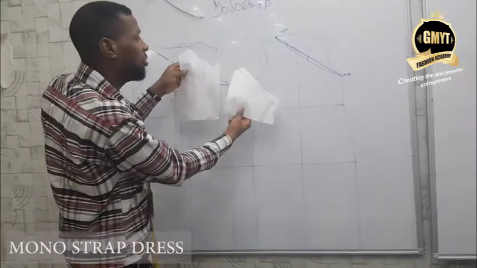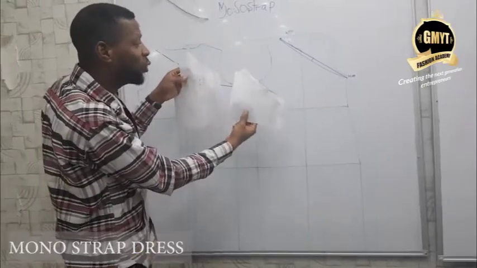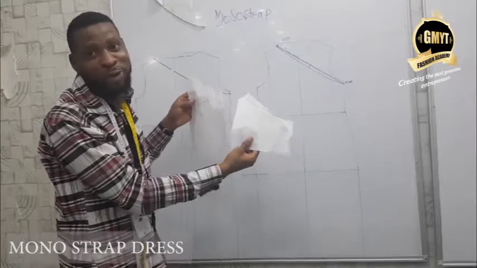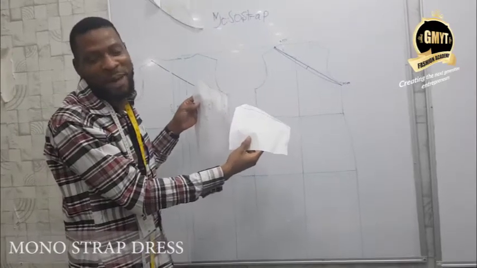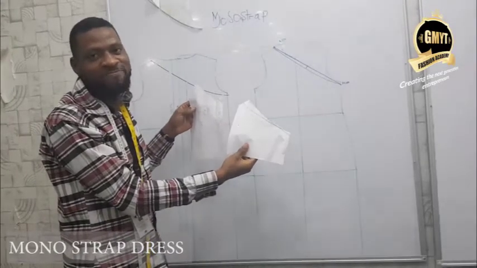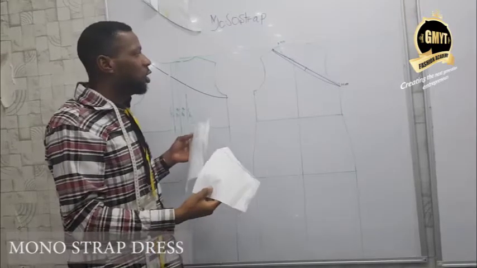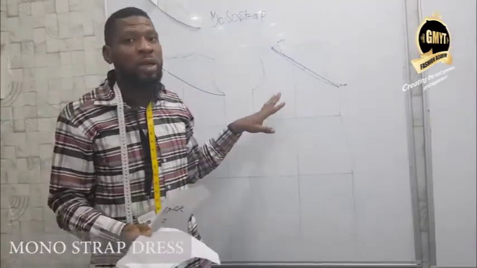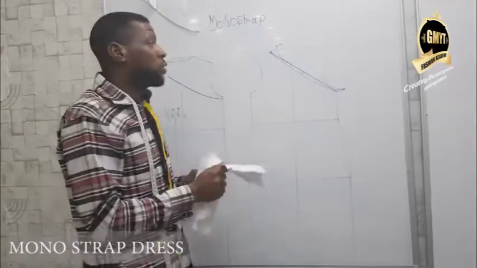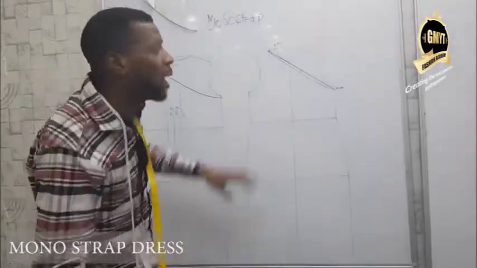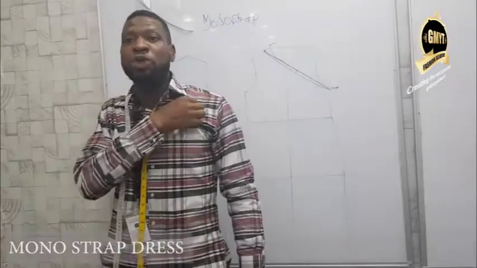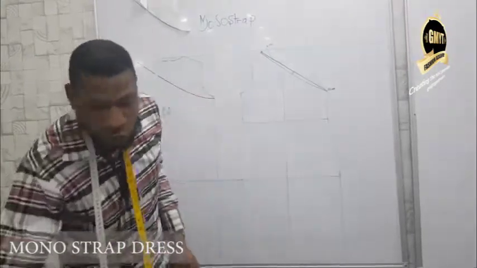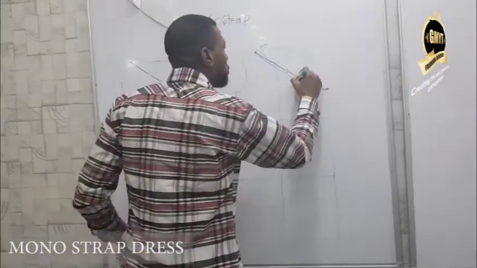This is what you're going to have, but this is the correct way of having your monostrap back part cut out. So in case you have any other design that you want to achieve with your monostrap design, you can achieve it. Sometimes you can have monostraps like this that have this illusion strap here also, and those illusion straps are the straps that you can put like this here.